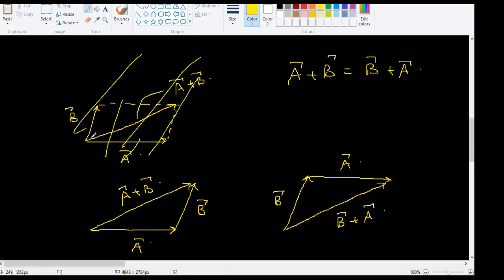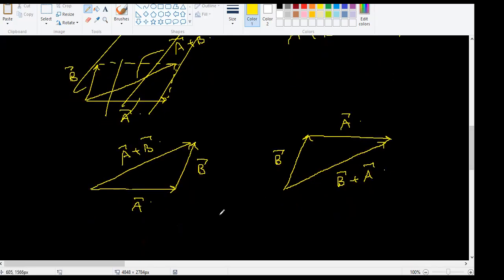Okay, maybe this is not required, because when you draw the parallelogram law of vectors, no matter what, you will get the same diagram, which doesn't make sense. So maybe it's better to use the triangular law of vector addition.